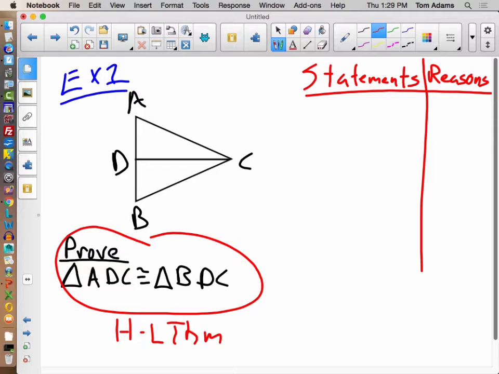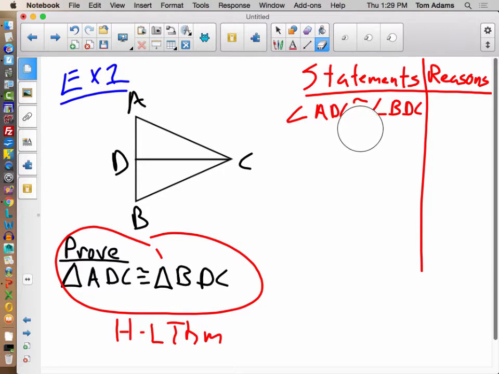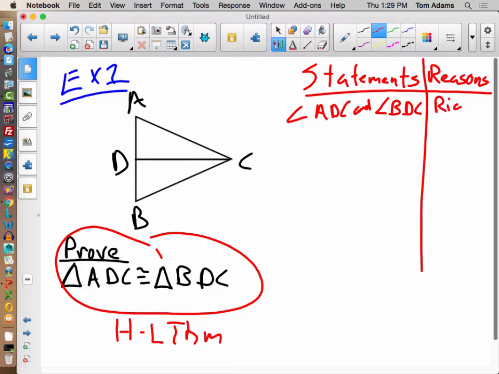Okay? So the first thing they tell us in the textbook is that angle ADC is congruent to angle BDC, right? Or not congruent, I'm sorry. What they tell us is that those angles, ADC and BDC, are right angles.